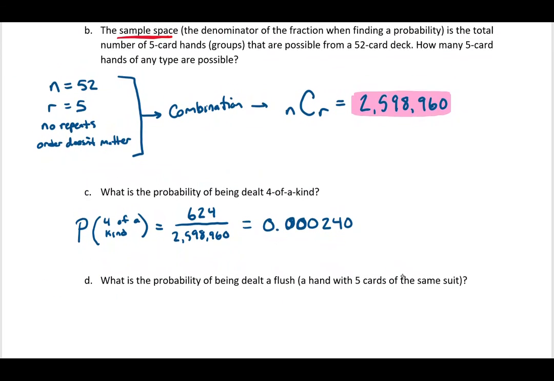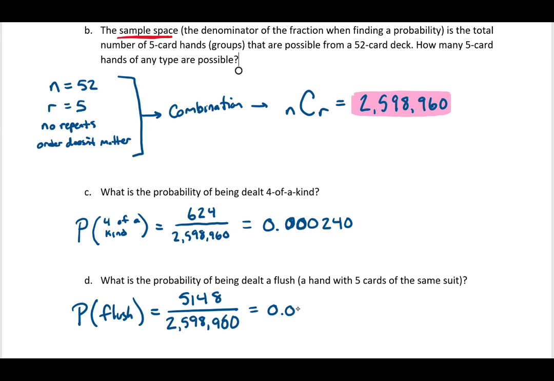So the probability of being dealt a flush, we would divide those two numbers. Probability of a flush, 5,148 divided by 2,598,960, and according to my calculator, rounded to 3 significant digits, I get 0.00198.